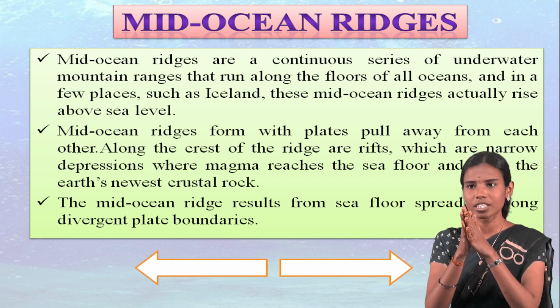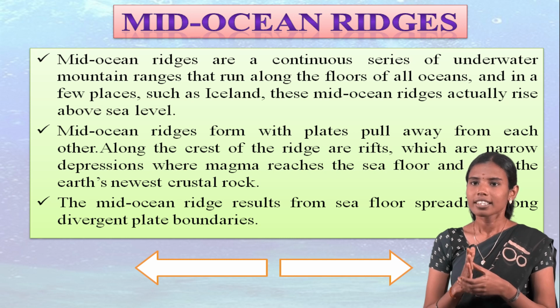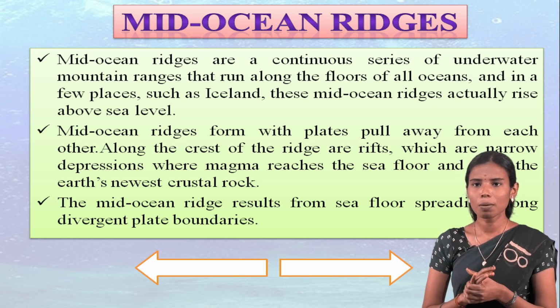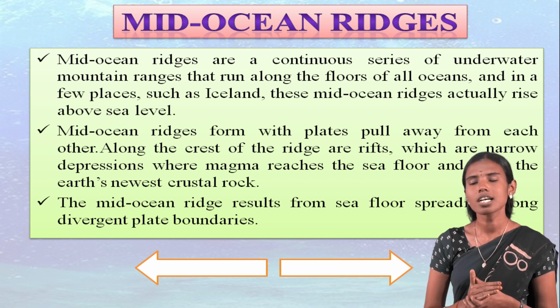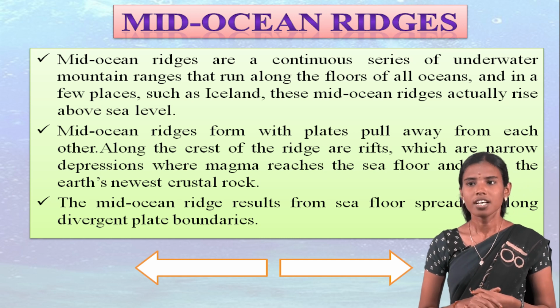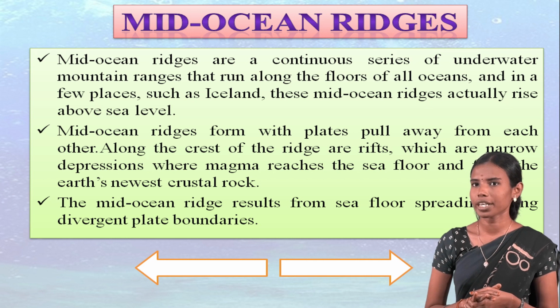Along the crest of the ridges are rifts, which are narrow depressions where the magma from the asthenosphere reaches the seafloor and forms the Earth's newest crustal rock. The mid-oceanic ridges result from the seafloor spreading along the divergent plate boundaries.